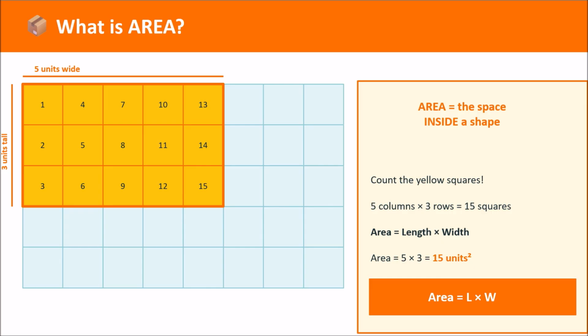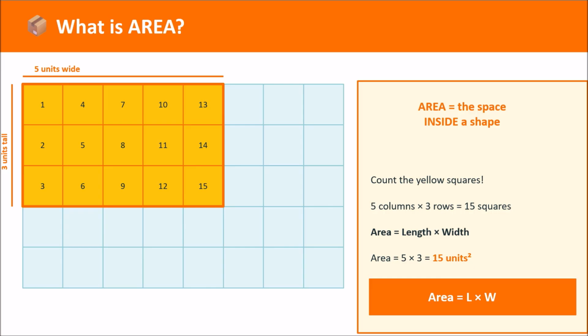Look at this yellow rectangle on the grid. It is 5 units wide and 3 units tall. Let us count all the squares inside. 1, 2, 3, all the way. We have 15. Am I right? So the area of this rectangle, which is colored in yellow, is 15 square units.